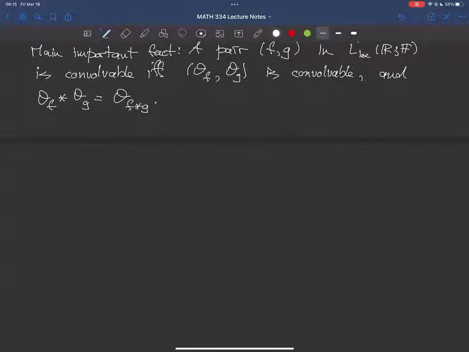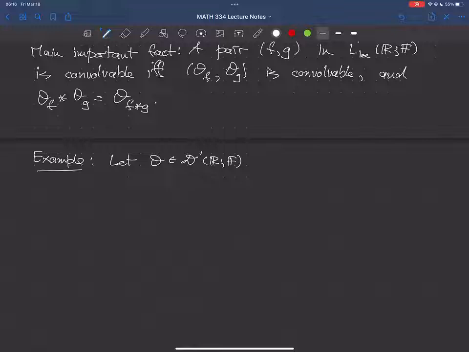Let's look at a very simple example, just to see how the mechanics work. Take an arbitrary distribution theta. We're going to show that any distribution can be convolved with the Dirac distribution, and the convolution of any distribution with the Dirac distribution is the distribution itself.